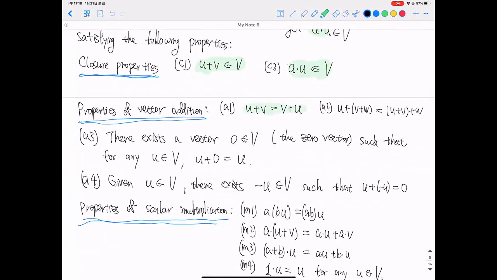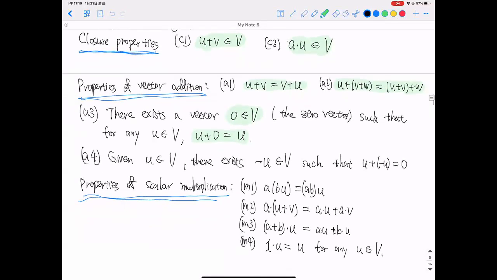For example, u plus v is v plus u, and (u plus v) plus w is u plus (v plus w), so it doesn't depend on the order of things. The third property is about the existence of a special vector called 0, such that u plus 0 is u for any u. The next property is about, given a u, the existence of a minus u, so that u plus minus u is 0.